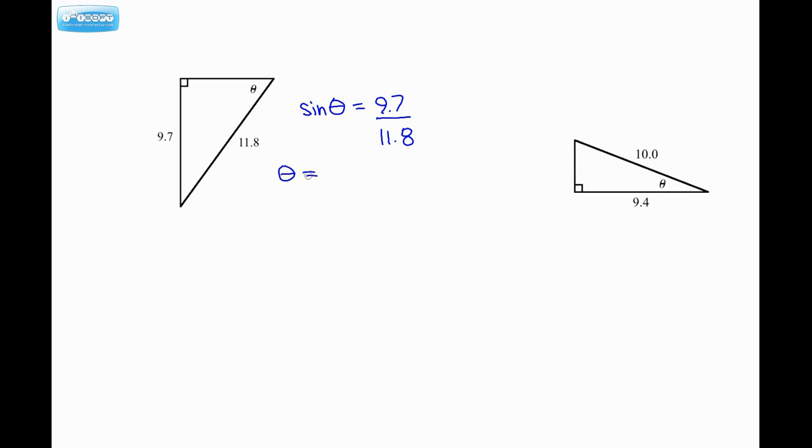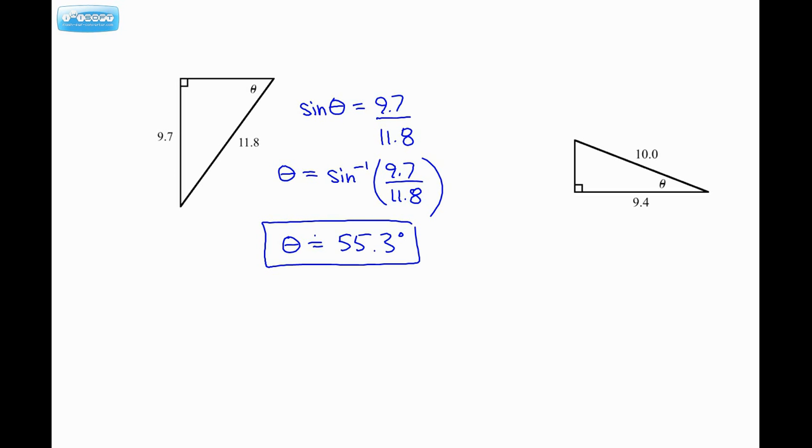Therefore, the angle itself has to be the inverse sine of whatever this ratio is. So I take my calculator, and I get approximately 55.3 degrees.